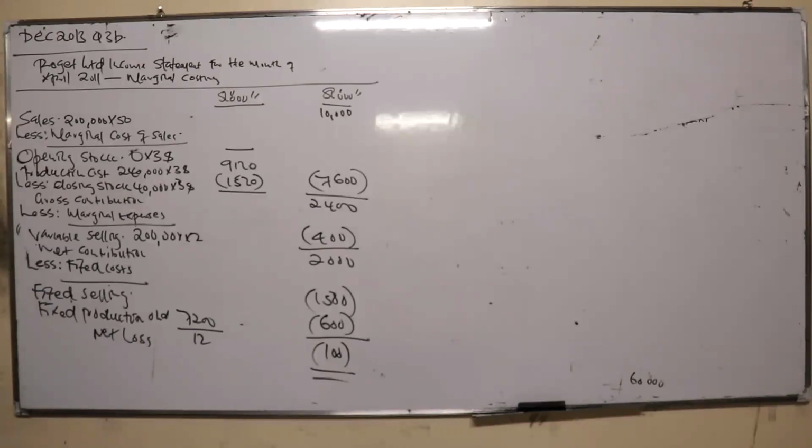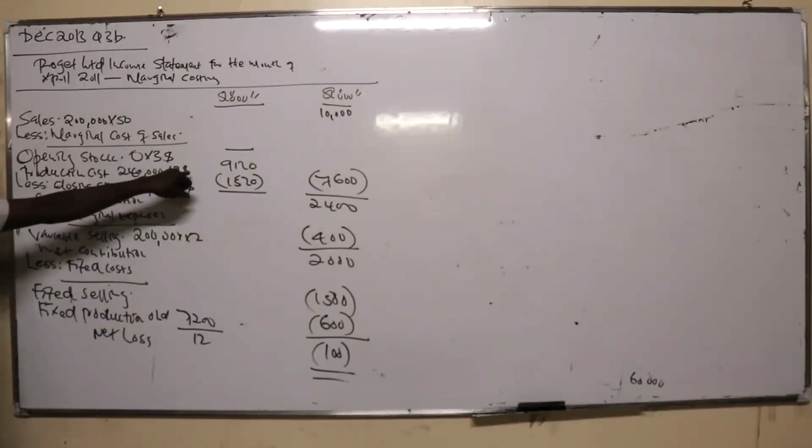So key things to note here, the valuation of opening stock is based on the variable production cost. Variable production cost is composed of material cost, labor cost, and sometimes variable production cost per unit. Production cost is also valued on the variable production cost per unit.